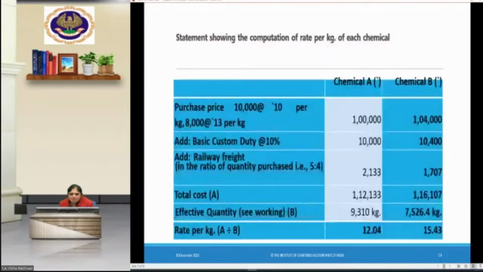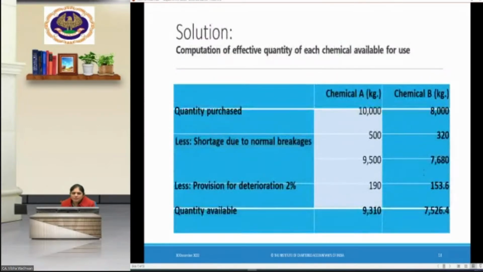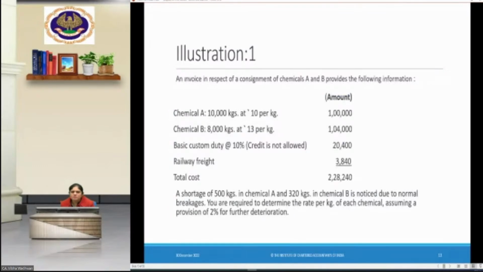Now let's see the cost. Purchase price: 10,000 at 10 per kg and 8,000 at the rate of 13 per kg. I told you that the value of material is not only the purchase price but every other thing which has been added. If you look at the question, it was 10,000 kgs at the rate of 10 per kg, so 10 and 13 were the basic purchase prices.